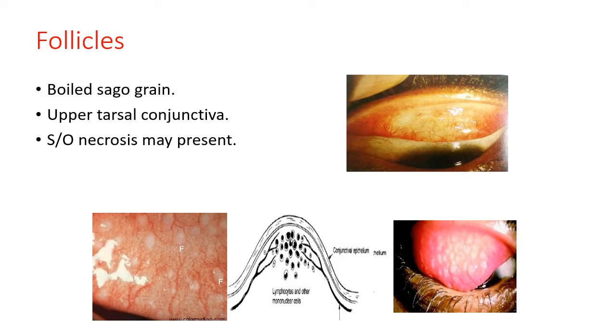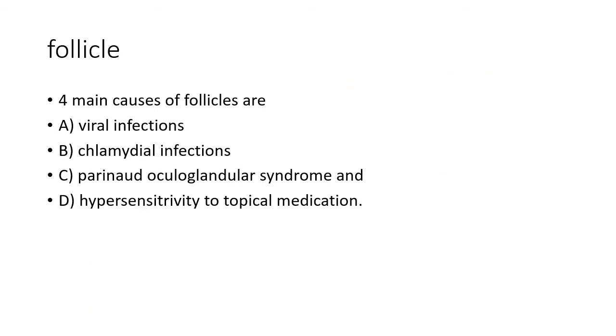Generally you have to evert the lid, or you can pull the lower lid down and examine the follicles. Sometimes you can see signs of necrosis. Follicles are a diagnostic sign in trachoma. Four main causes of follicles are viral infections, chlamydial infections, parinaud oculoglandular syndrome, and hypersensitivity to topical medications.